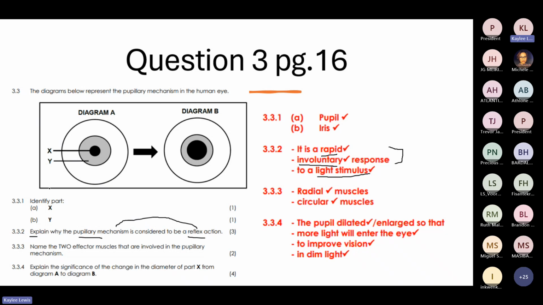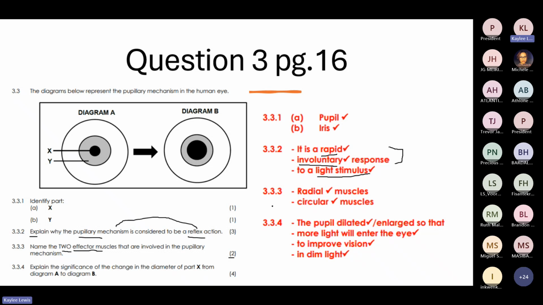3.3.3 says name the 2 effector muscles that are involved in the pupillary mechanism. So these are muscles involved in the pupillary mechanism. So that'll be the muscles of the iris. But what are those 2 muscles called? 2 marks. It's going to be your radial muscles and your circular muscles. Please do not get confused between circular muscles and ciliary muscles.